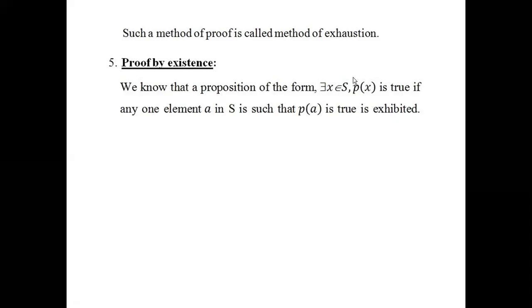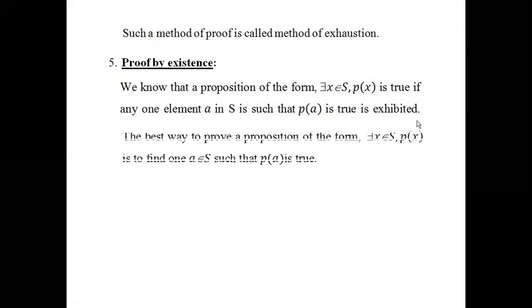So suppose for some x belonging to the universe, if we prove that the statement P of x is true, then we are doing the proof by existence. So we take that element, considered here as A. So for some A belonging to S, we arrive at P of A is true. This should be exhibited. This is proof by existence.